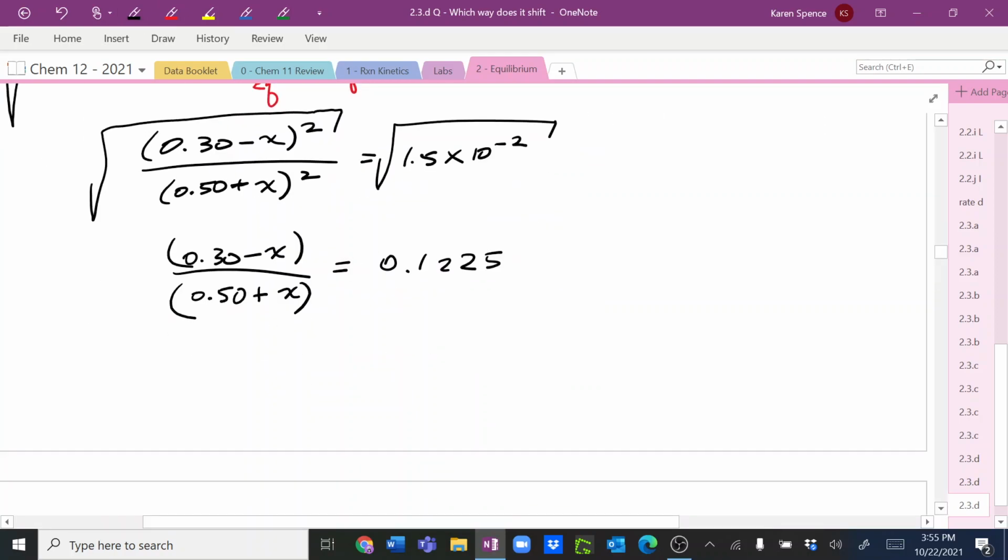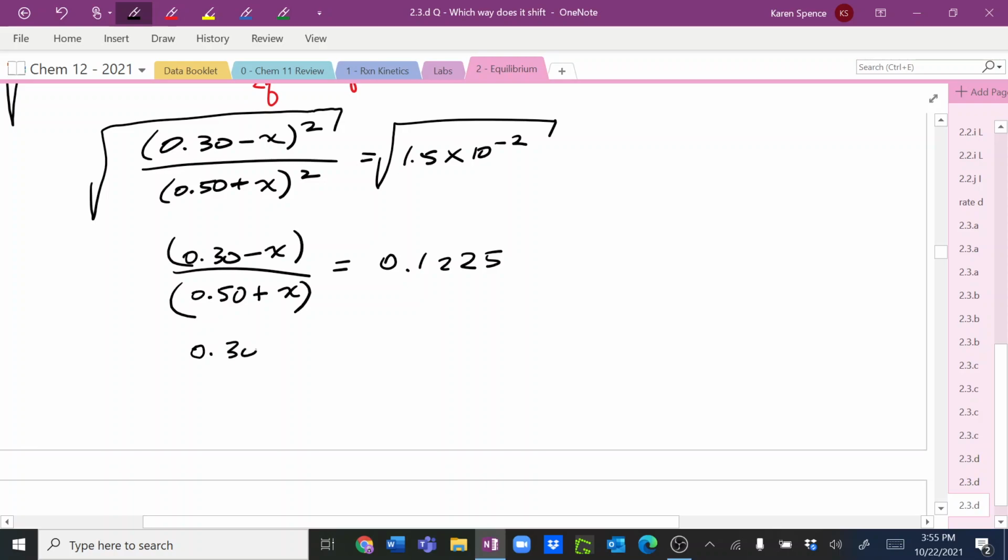All right. 0.30 minus x is equal to 0.1225 times 0.50 plus x.